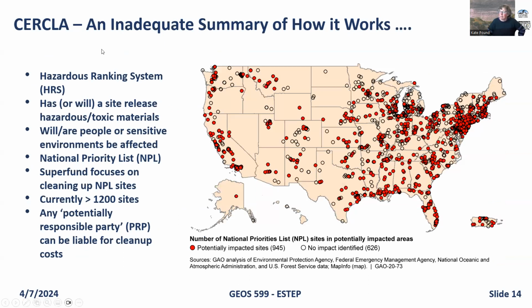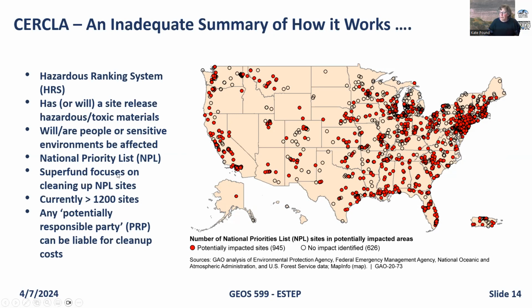So how do they actually identify these Superfund sites? So they have a ranking system, and that ranking system looks at, well, will a site release hazardous or toxic materials? And then will people or sensitive environments be affected? And then, if that is the case, it goes on to a national priority list.